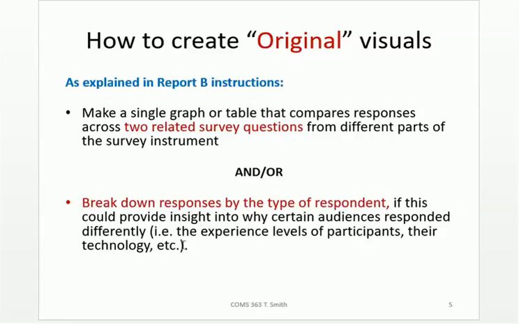That might not necessarily be the case, so it might not be interesting. You might also just find that correlating two survey questions, how people answered one question, did it affect how they answered another question, might also be a good correlation.